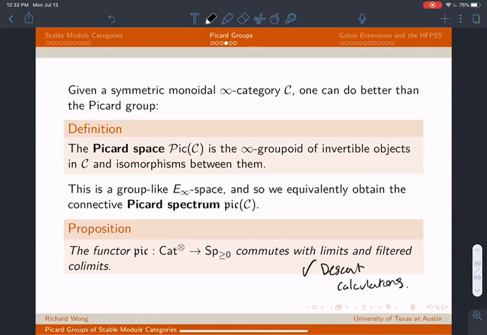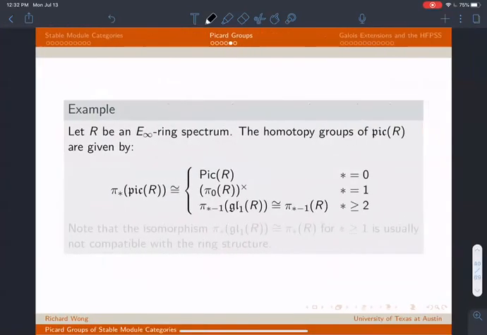To say a little bit about the Picard spectrum for E-infinity rings. The Picard spectrum for R is the Picard spectrum for the category of modules over this ring spectrum. So in pi 0, you recover the usual Picard group.